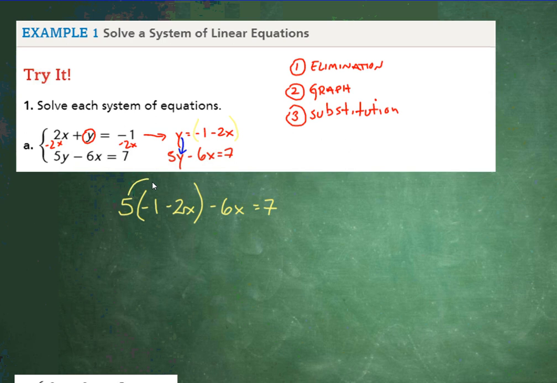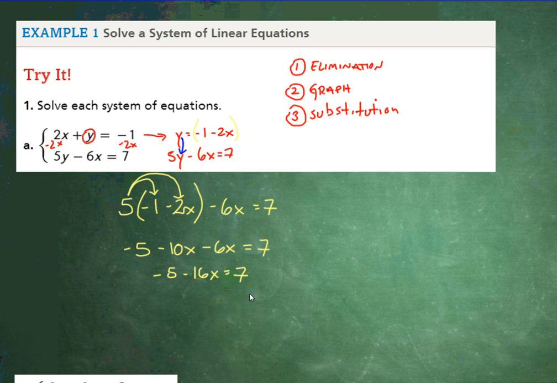Now go ahead and distribute your 5. You get -5 minus 10x minus 6x, still left over here, equals 7. Combine like terms, you get -5, and then -10 minus 6 is -16x equals 7.